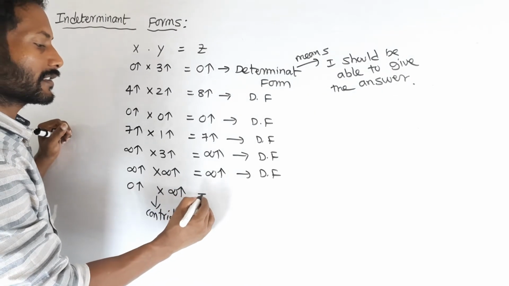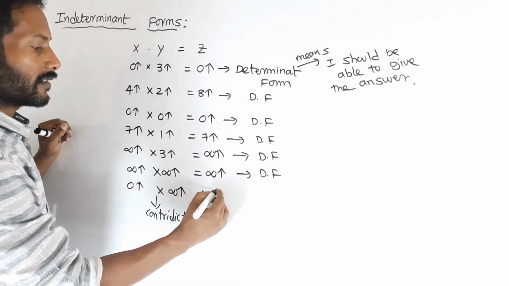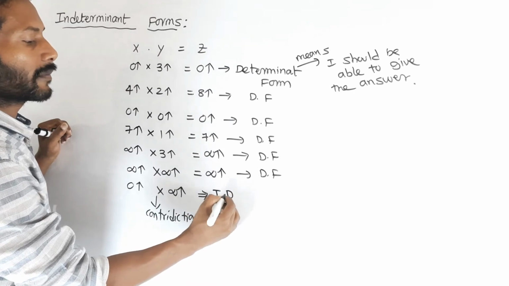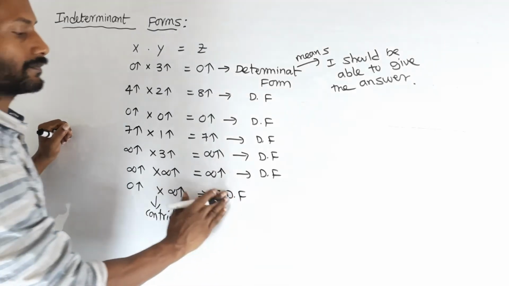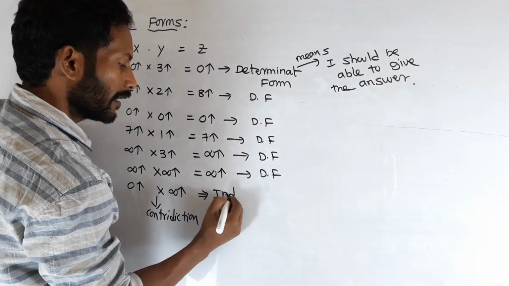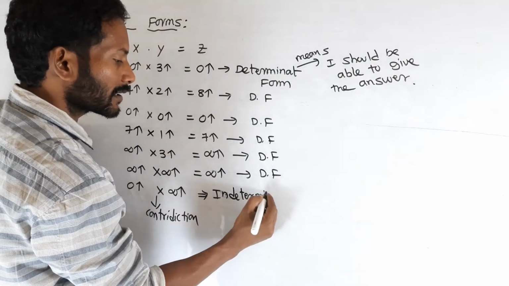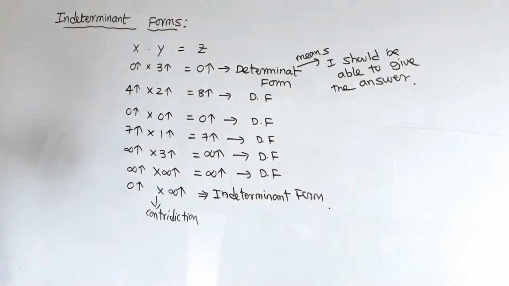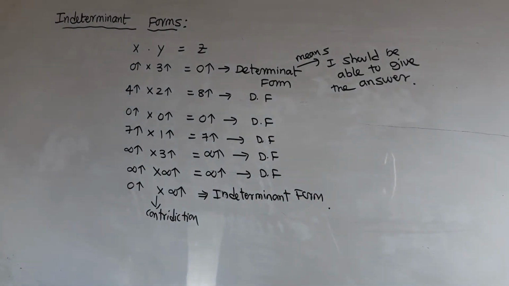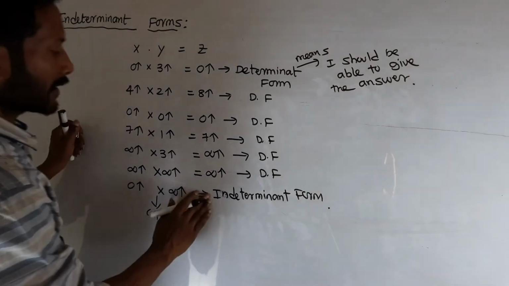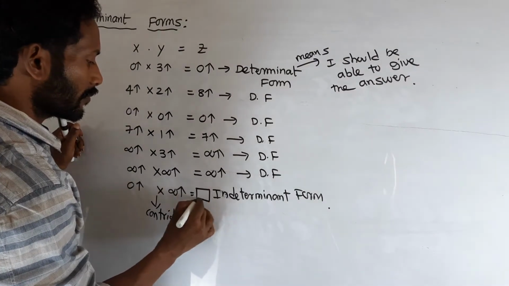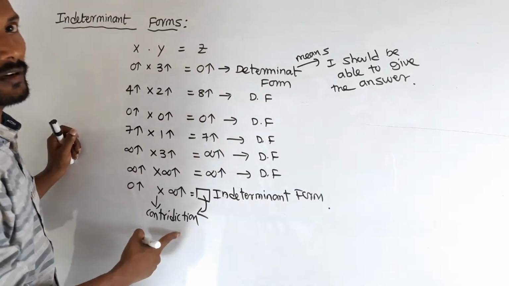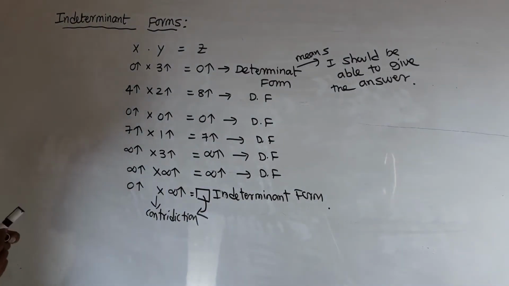So this one is an indeterminate form, IDF. 0 into infinity: A approaches 0, B approaches infinity. This one is a contradiction. Now it is an indeterminate form. This result is a box, meaning contradiction. It is an indeterminate form.